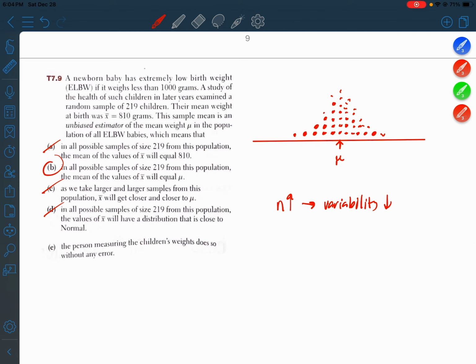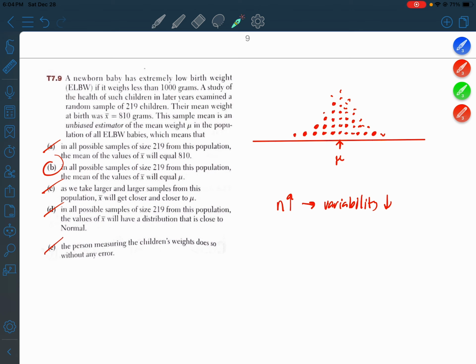Okay. Yeah, so that's referring to bias on the part of the data recorder, but it's not the same thing as an unbiased estimator.